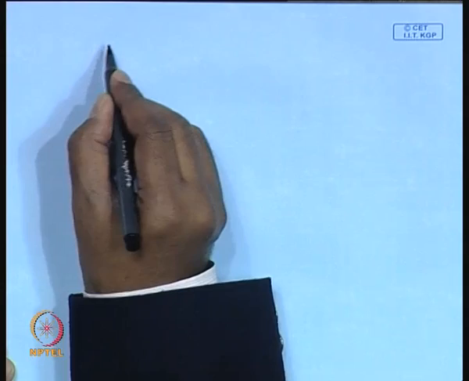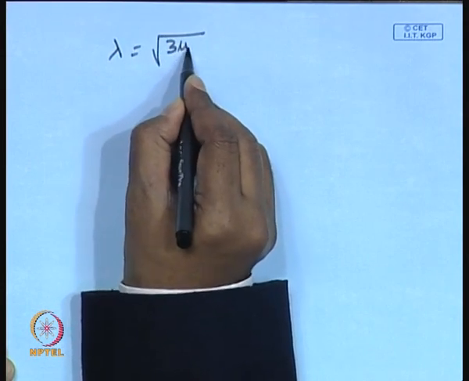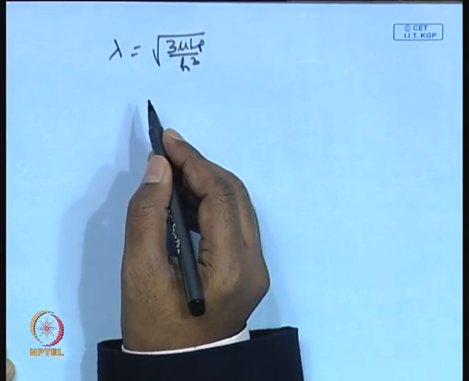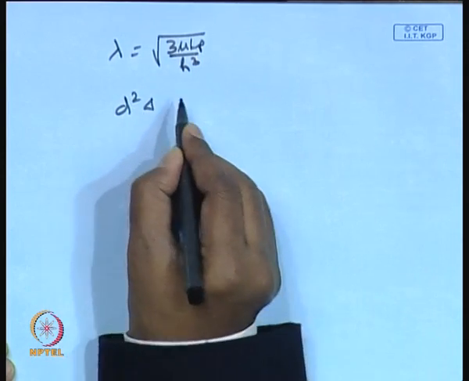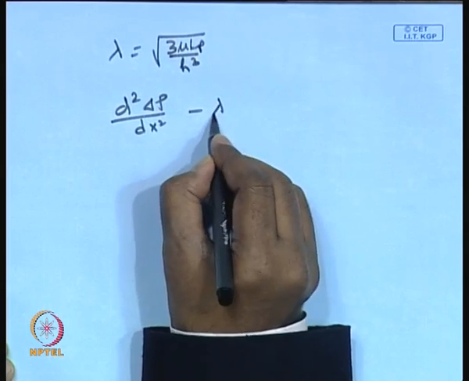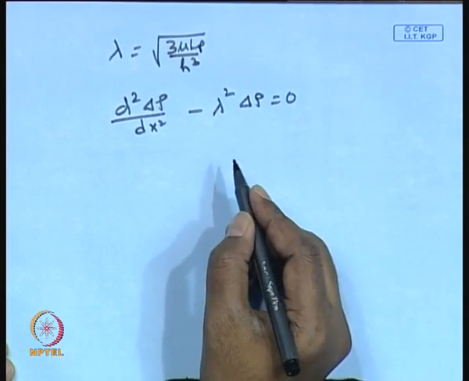Let us say lambda is equal to root over 3 mu Lp over h cube. In that case this equation can be written as d square delta p dx square minus lambda square delta p is equal to 0.